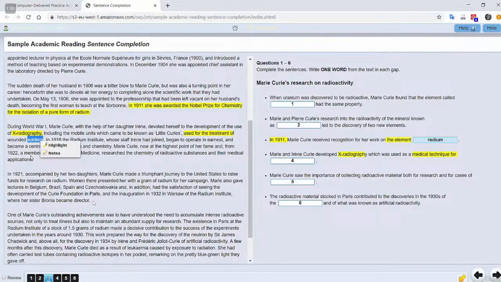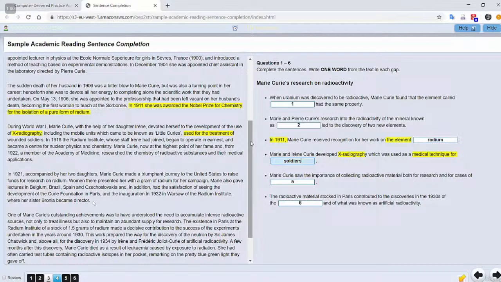Control C, Control V. The answer choice there is soldiers, right? If you put wounded soldiers as your answer choice, you will be marked wrong. You will lose points on that, right? So make sure that you always read your directions.